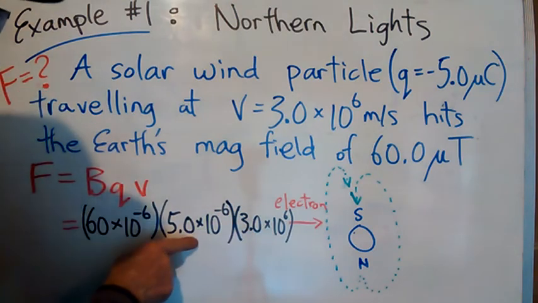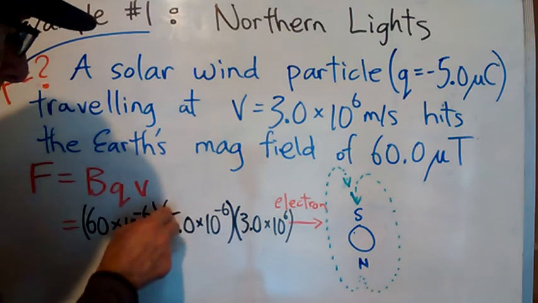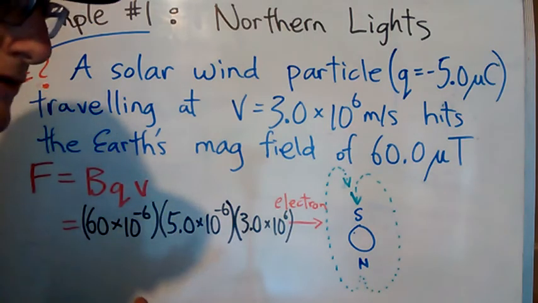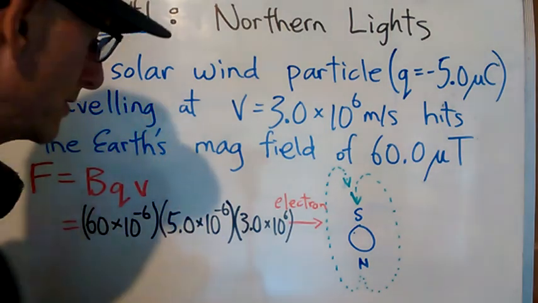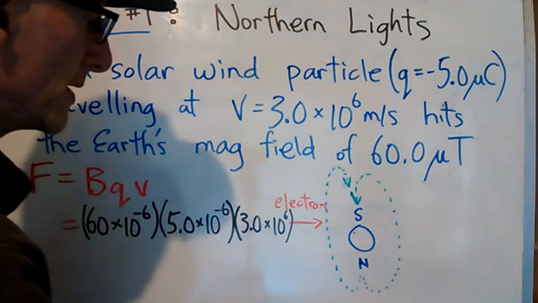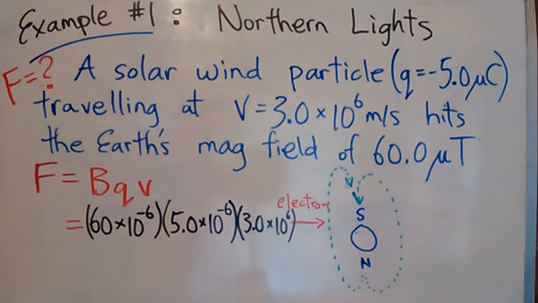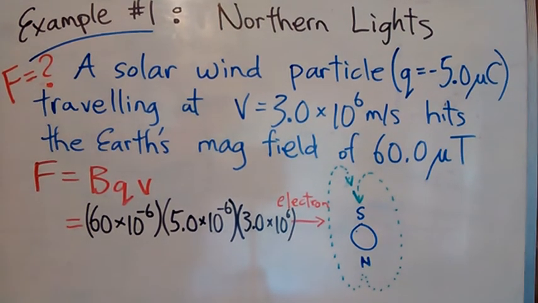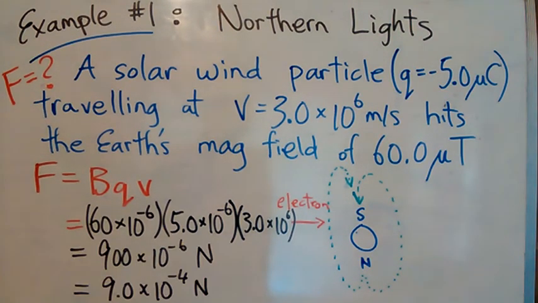And obviously it's more than one electron. It's negatively charged though. I didn't put that in there because the negative sign only helps determine the direction. We know it's an electron. And then the speed was 3 times 10 to the 6th. And the final answer, 9 times 10 to the minus 4 newtons.